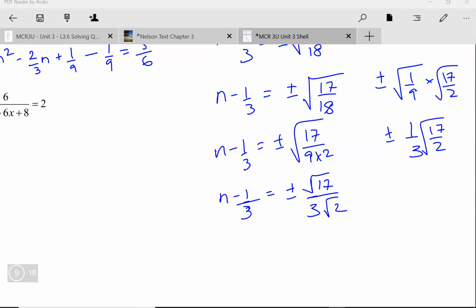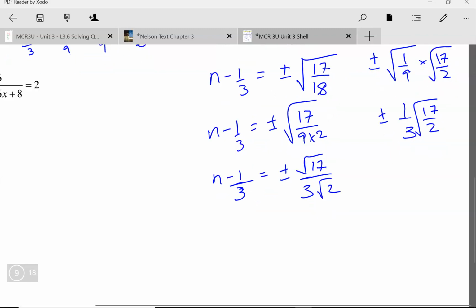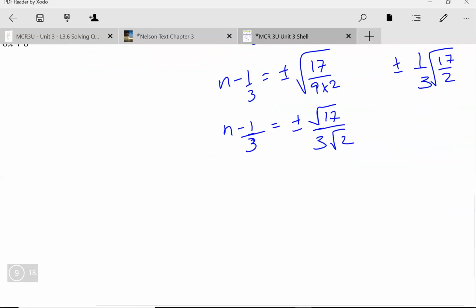So if you look at the solutions that are posted, it's done a bit differently. As you can see, it's the same answer, but here we have made this 34 over 36 so that we could take the square root of 36 easily. It doesn't matter which way you're doing it, you will in the end obtain the same answer. So we're going to continue doing what we're doing here.